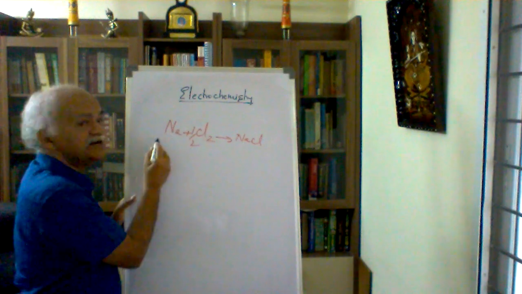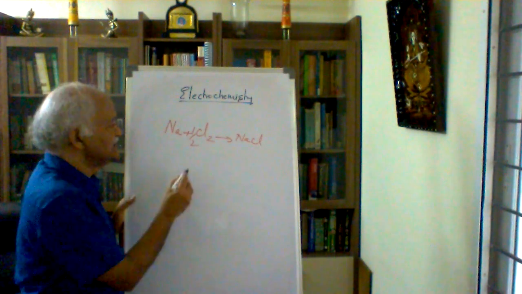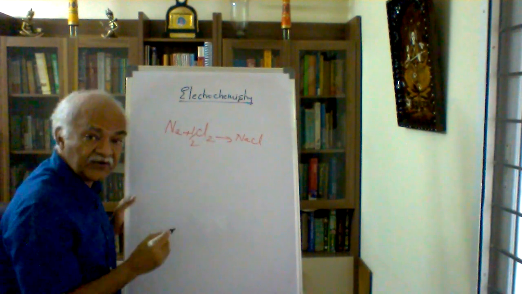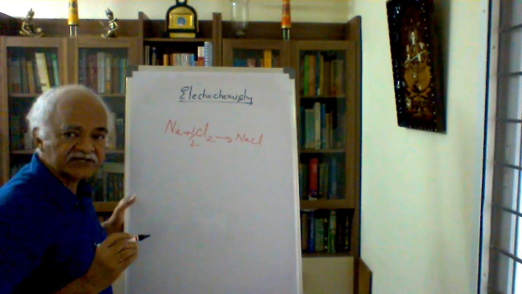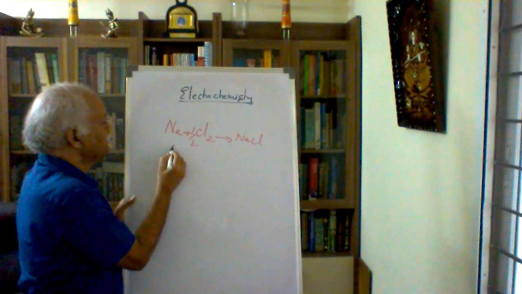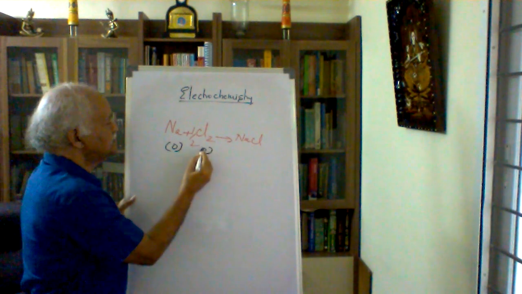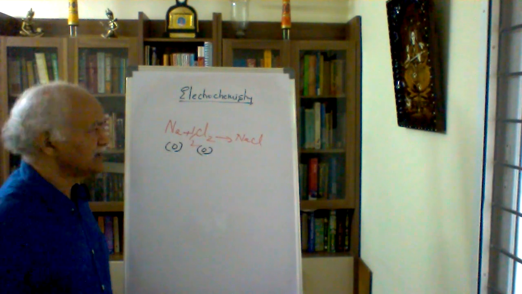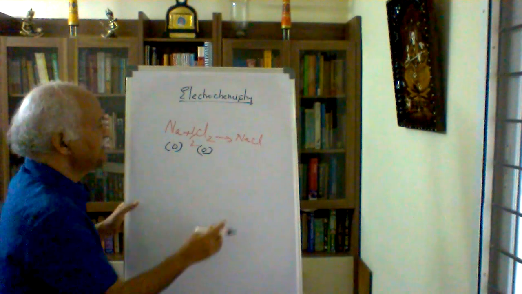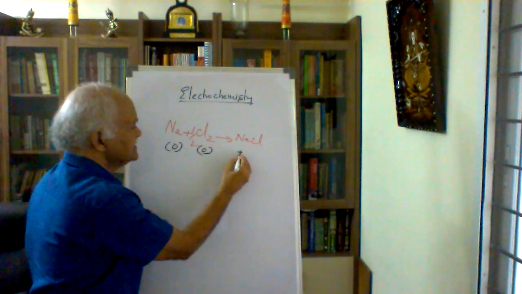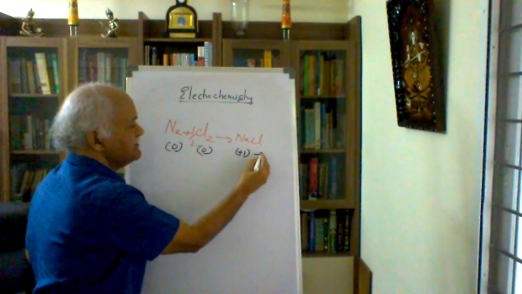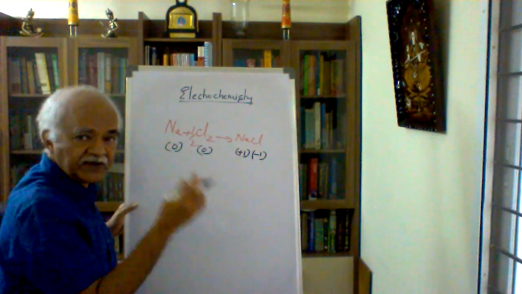This is the elemental state representation of sodium. This is the elemental state representation of chlorine. And elemental state means we normally assign oxidation number 0 and 0, always. Now focus on this please, because there is no net charge here. That means the charges must be equal and opposite in magnitude.